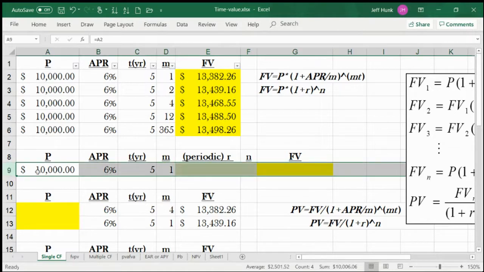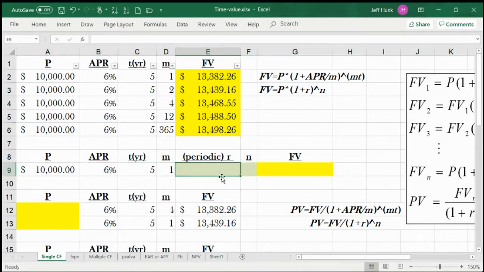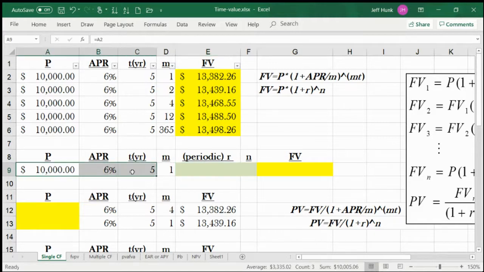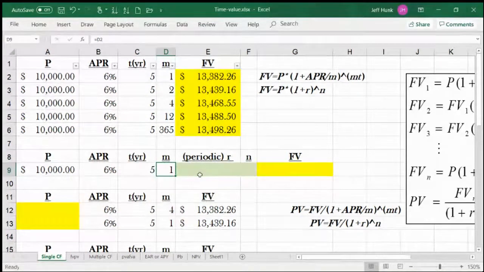Now, let's take a look at row 9. In the original file, I had only 2 rows and I inserted more rows. So you may try this later. It's the same setup, 5 years, and just annual compounding.